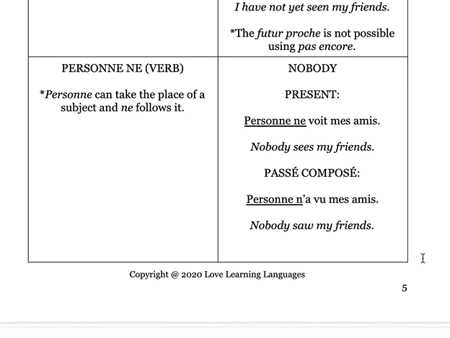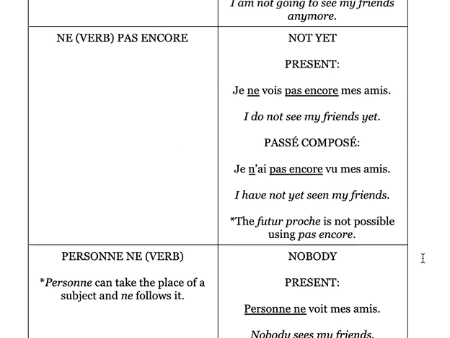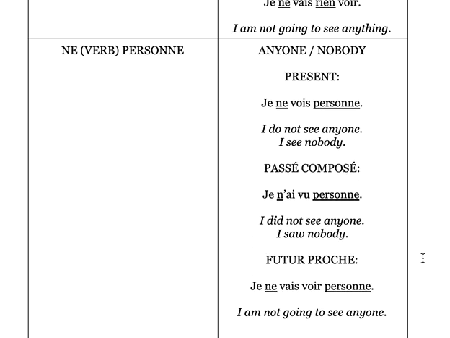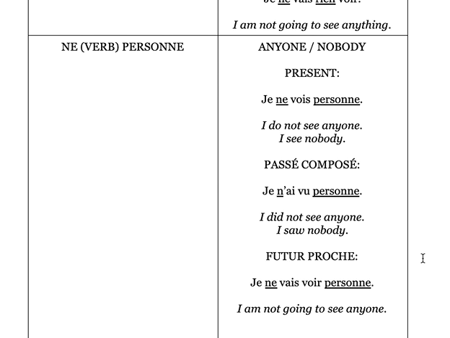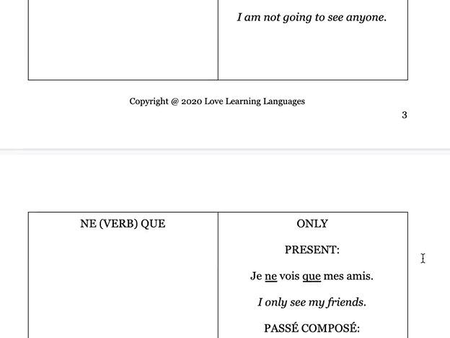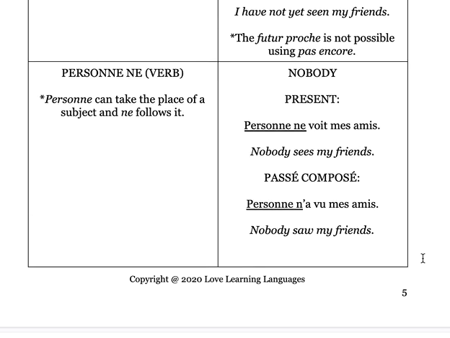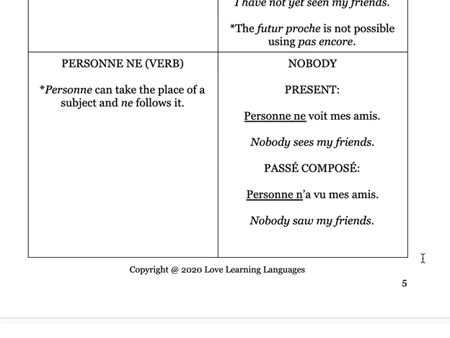Now, I've already shown you personne. But in the last example, let's just scroll back up for a second because I want to keep you on track and not get you confused. The first time I showed you personne, we had ne, and then the verb, and then personne, right? But there's this little thing you can do with personne. You can use it as the subject of your sentence.